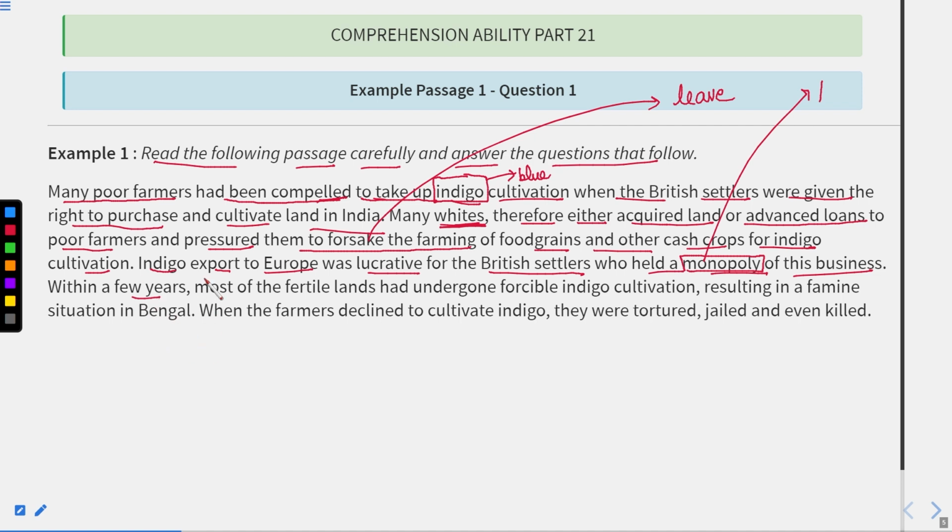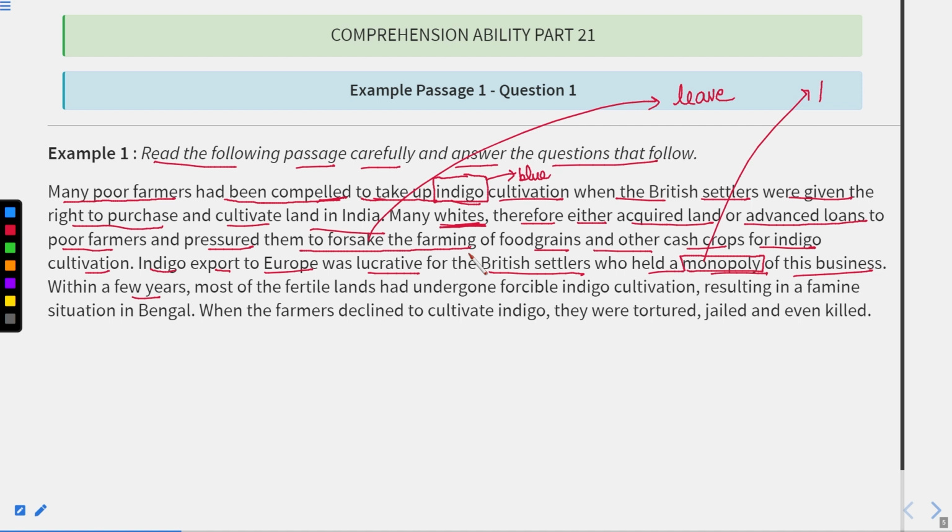Most of the fertile lands means the land where crops can be raised easily, where the soil is very fertile so that we could cultivate food grains, cash crops, etc. But those lands were removed from food grains, and that land was under the cultivation of indigo only, so they were forced to do so.